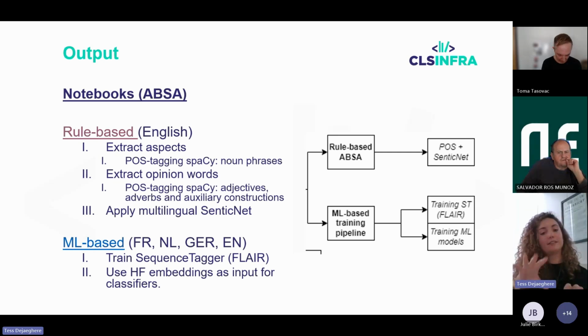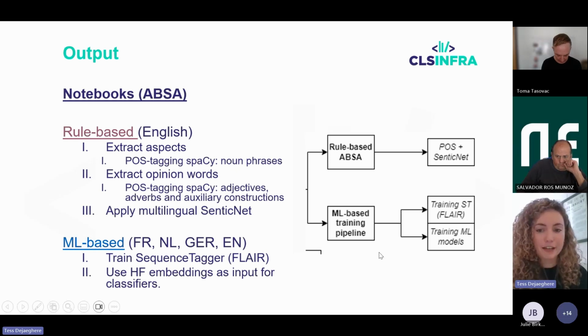And then we apply SenticNet, the sentiment analysis module, on these opinion words to generate a score. That's also a very simple way of doing aspect-based sentiment analysis, one of the ways that we show how to do it. And then there are the machine learning based notebooks, and maybe I will give the floor to Pranay now.